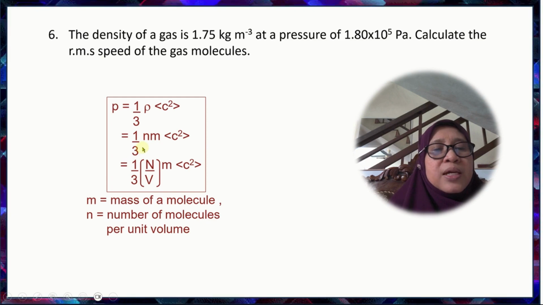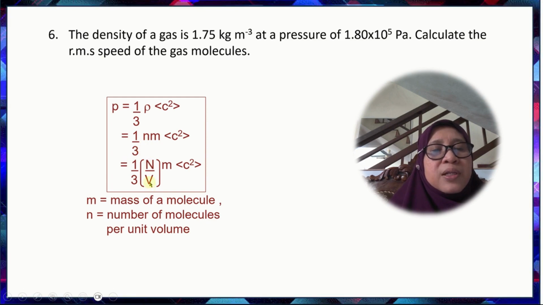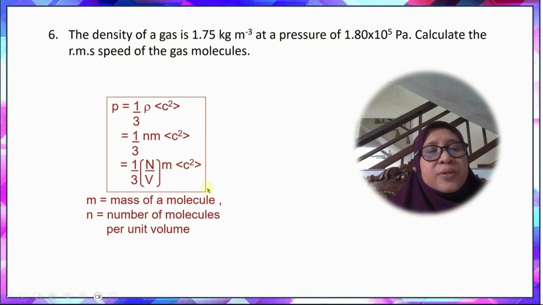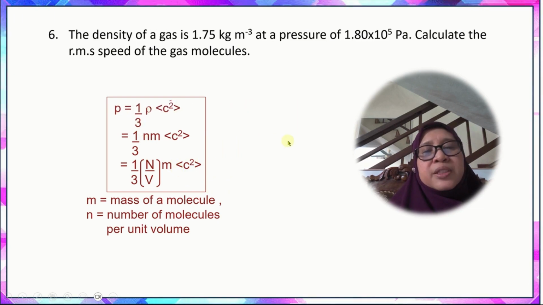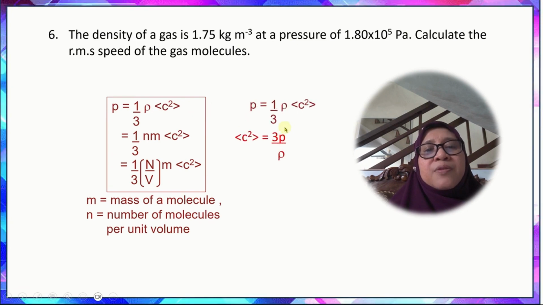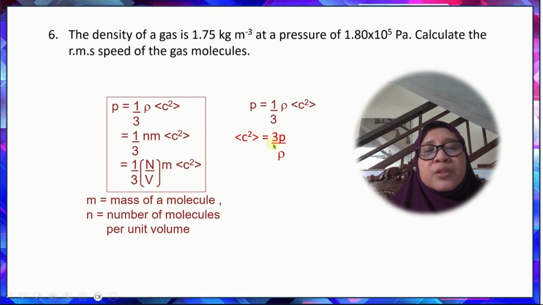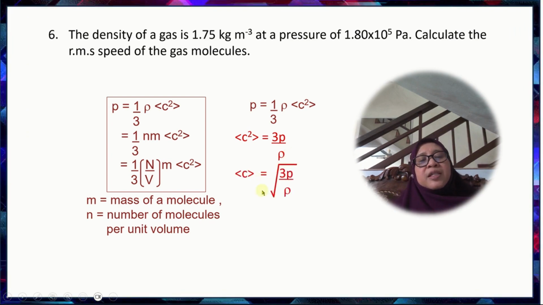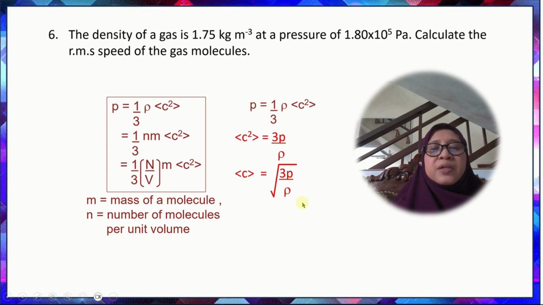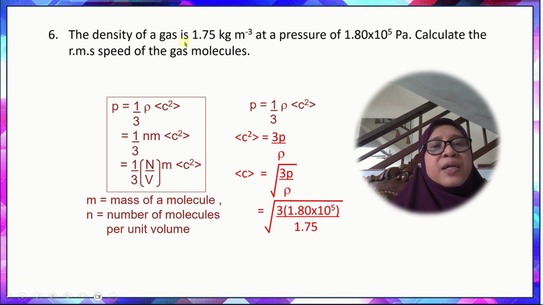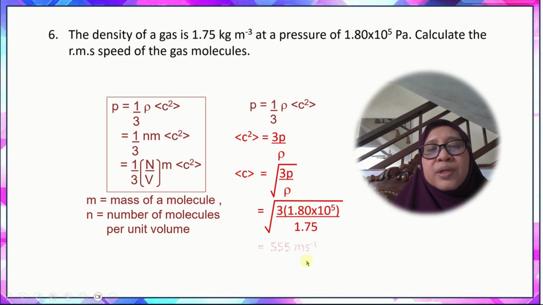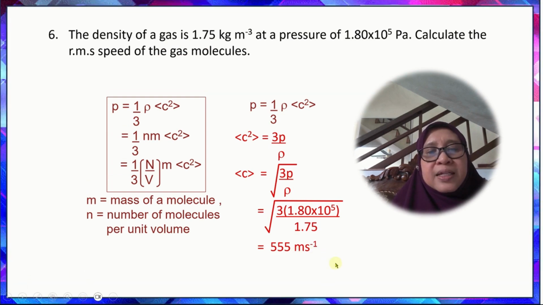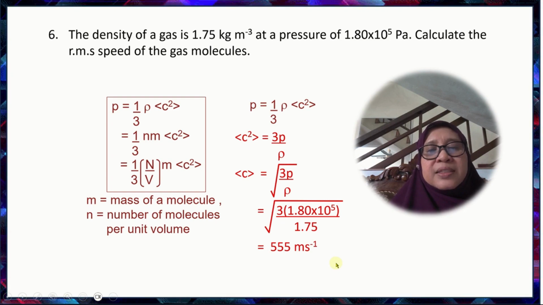For the last one, we substitute N here, the number of molecules over volume; this is the number of molecule density. So we choose the first equation. From the first equation, for the mean square speed, we cross multiply and get 3P over density. So the r.m.s. speed will be the square root of 3P over density. We substitute the pressure and the density into the equation, and the r.m.s. speed will be 555 meter per second. So that's the answer.